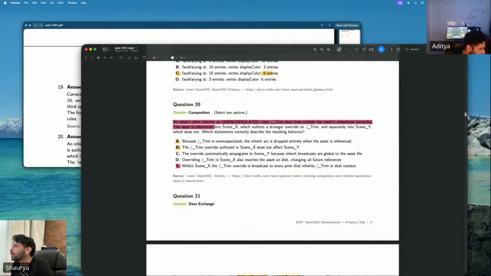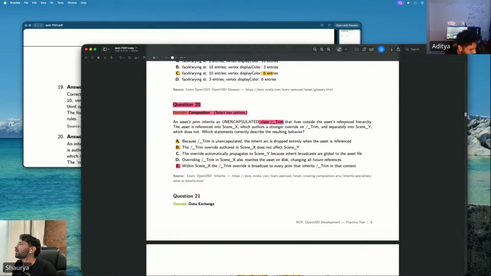An asset's prim inherits an encapsulated class that lives outside the asset's referenced hierarchy. The asset is referenced into scene X, which authors a strong override on trim. An asset's prim inherits an unencapsulated class trim that lives outside the asset's referenced hierarchy.